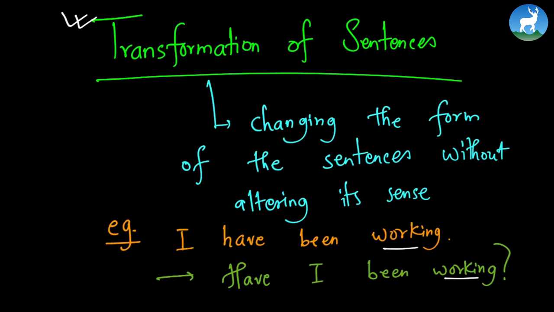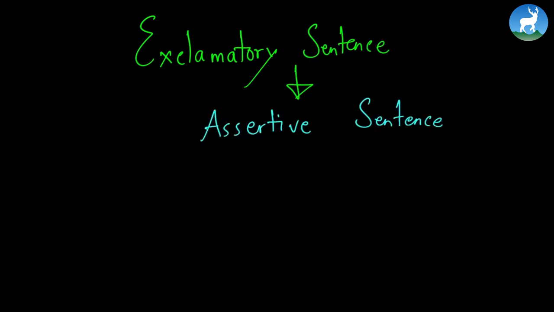We'll first start with changing an exclamatory sentence into an assertive one. That's an odd choice, but we'll start from there. I can write some examples. Let's say the first example is, how beautiful she is.